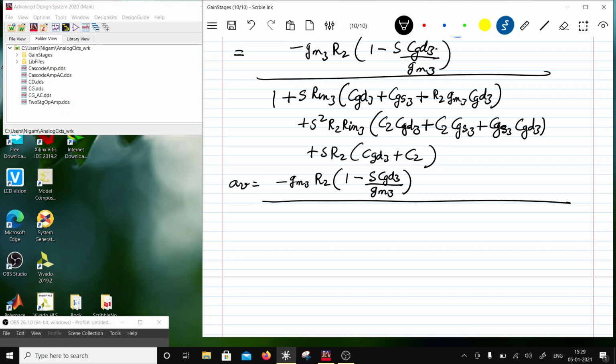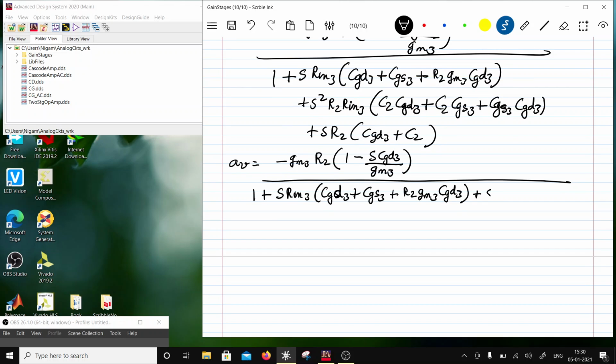This thing is divided by 1 plus S terms, Rn3 terms, Cgd3 plus Cgs3, okay, plus R2 Gm3 times of Cgd3, correct?